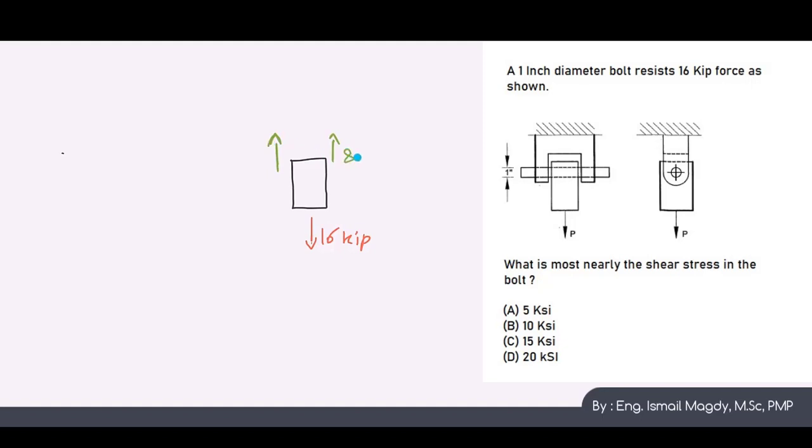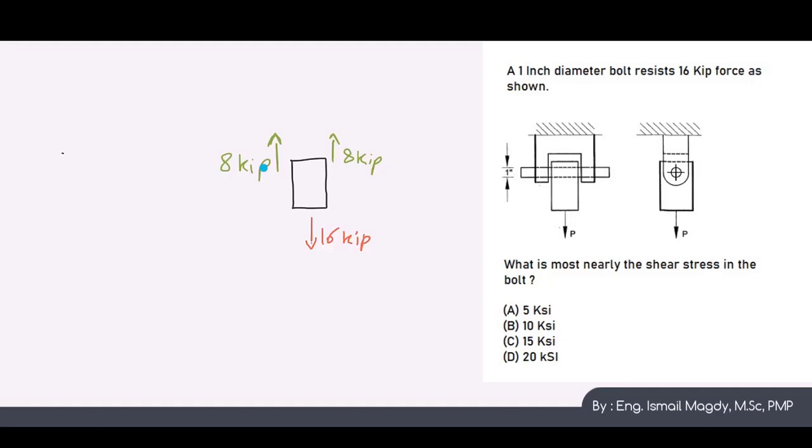So it means that from this side there will be 8 kips, and from this side there will be 8 kips. So now we know that the maximum shear force on the bolt will be 8 kips, not 16 kips. It is very important to note this point.